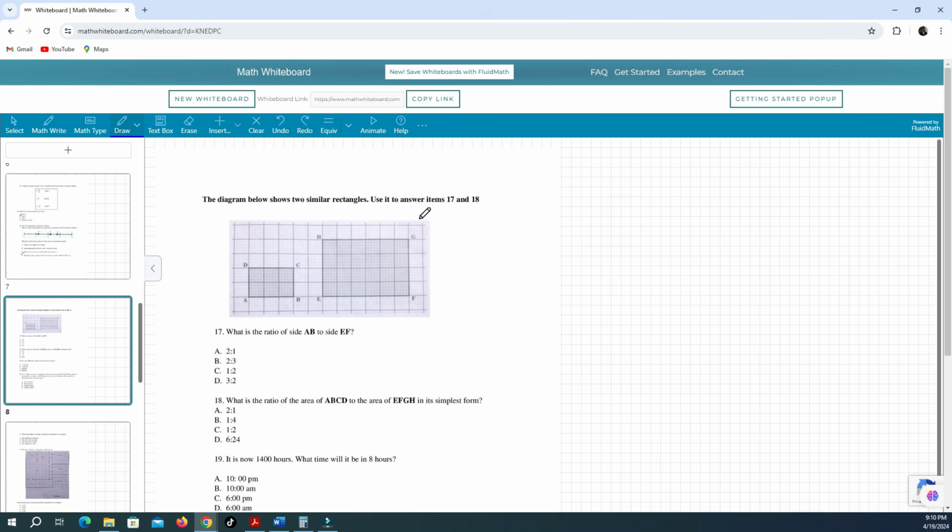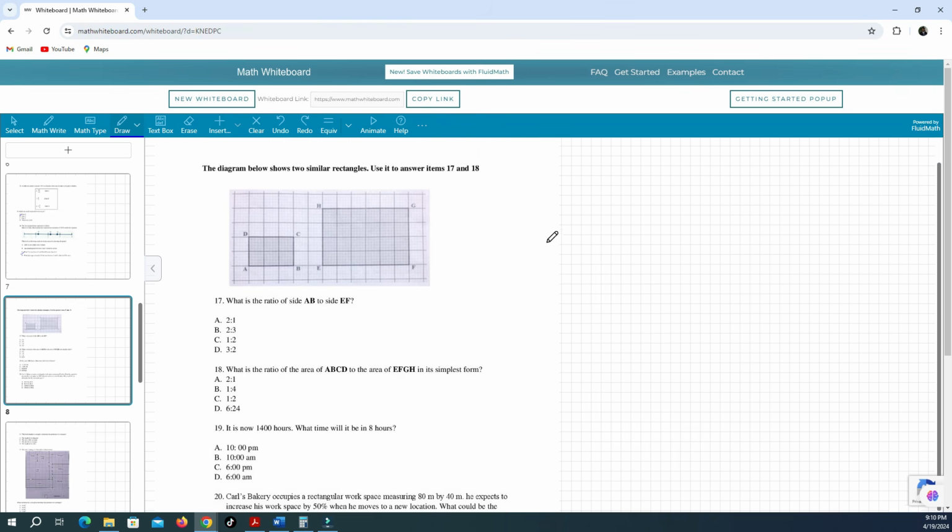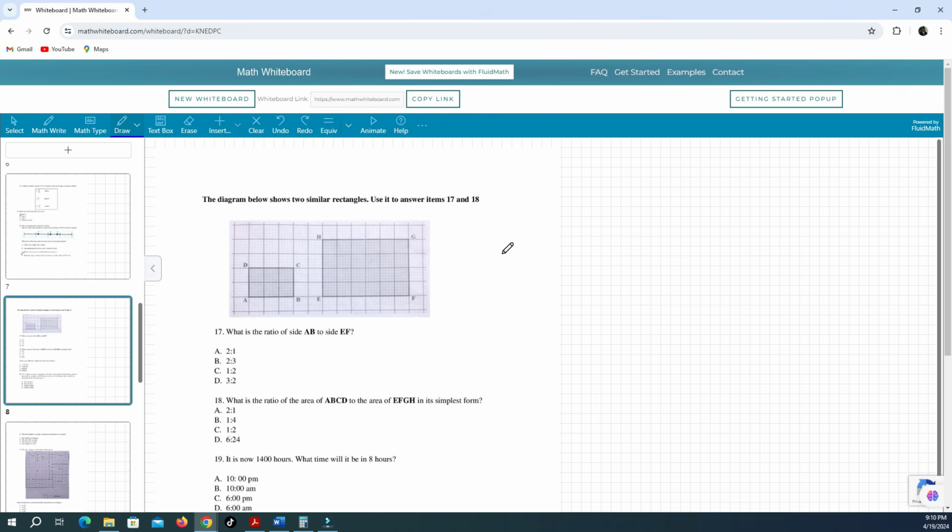All right, the diagram below shows two similar rectangles. Use it to answer items 17 and 18. These are not too similar. Well, I guess they're two different sizes. What is the ratio of side AB to side EF? So side AB is this, side EF is this.